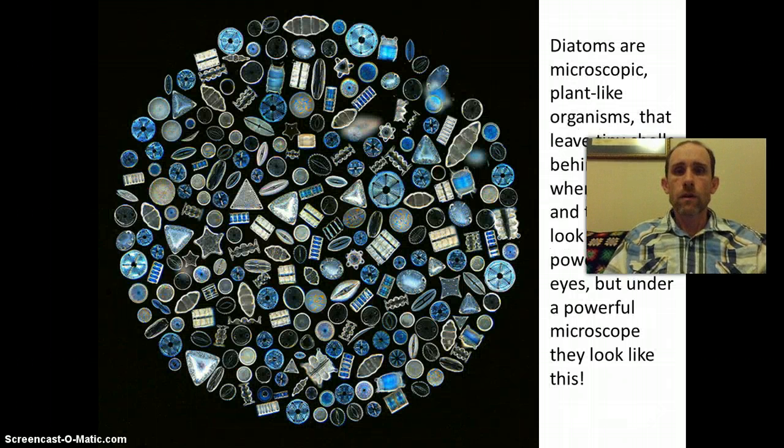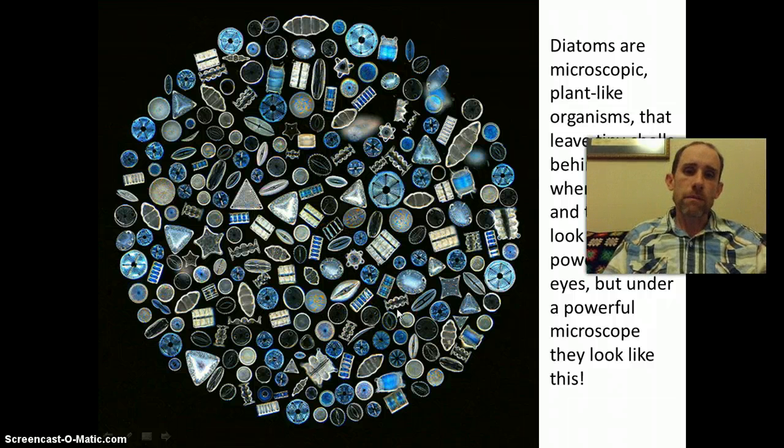So, one thing we're going to be working with in this activity is diatomaceous earth. Diatoms are microscopic plant-like organisms that leave tiny shells behind them in the ocean when they die. The shells look like powder to our eyes, but under a powerful microscope they look like beautiful little pieces of crystal or jewelry.